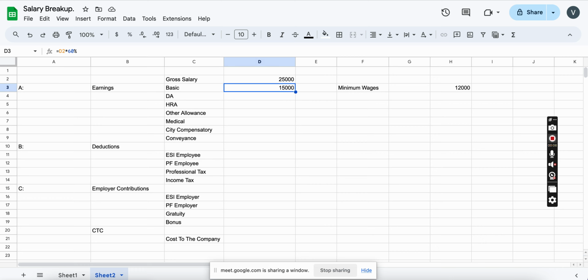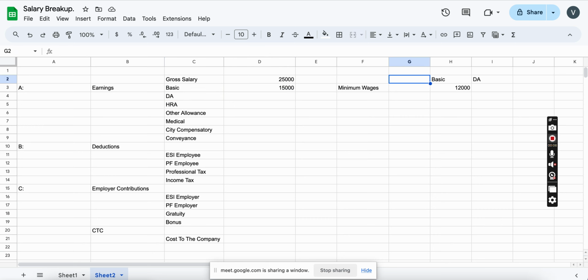Now, sometimes when government decides, they decide basic separate and DA separate. In that case, when an organization goes under CLRA audit, contract labor license audit, the auditor will also show DA separately. Otherwise DA can be put together, basic and DA should be 60%.